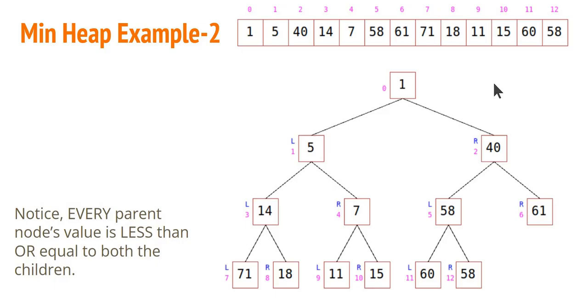This time round, not a perfect tree, but never mind. It's a complete tree nonetheless because we are filling from left to right, top to bottom. So 1, 5, 40. Notice I just take this list and keep filling this up. In the last level, I have 71, 18, 11, 15, 60, 58, nothing beyond that. Perfectly fine. This is a heap, a min heap, because notice the value at the root node is smaller than these two.